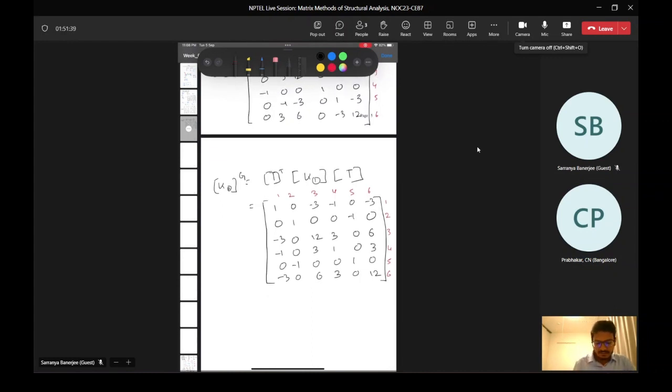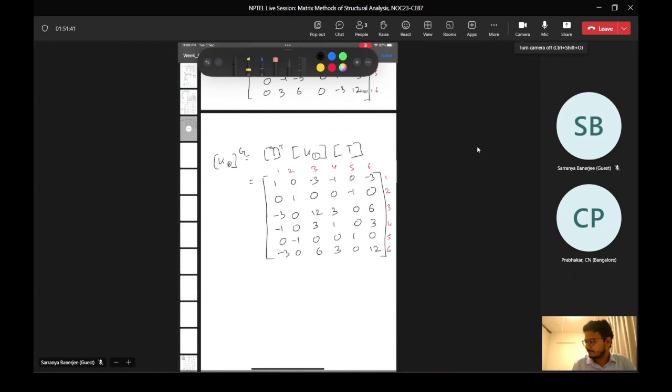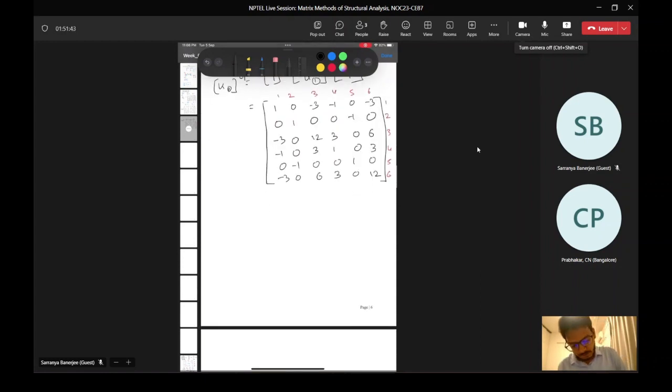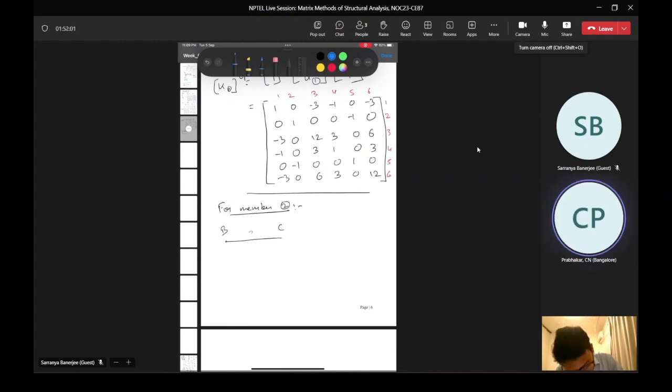So this is the global stiffness matrix. Now for member 2. Member 2 is much easier, as you have already mentioned in the first part, that we don't require the transformation matrix in this case. 4, 5, 6.